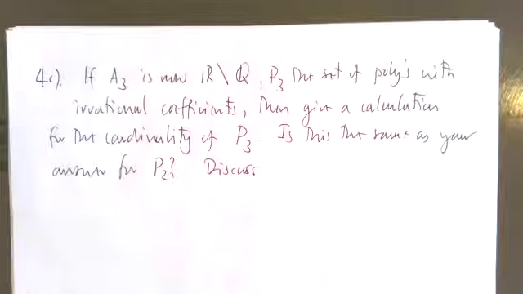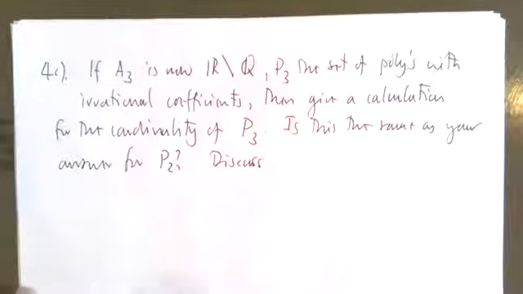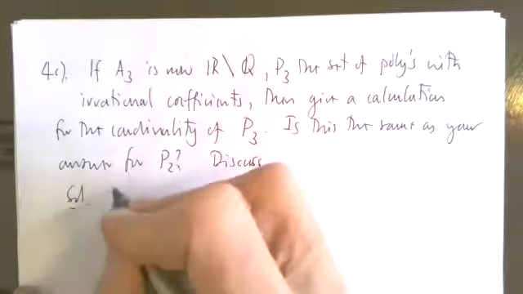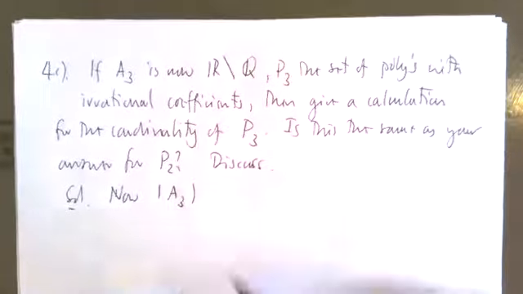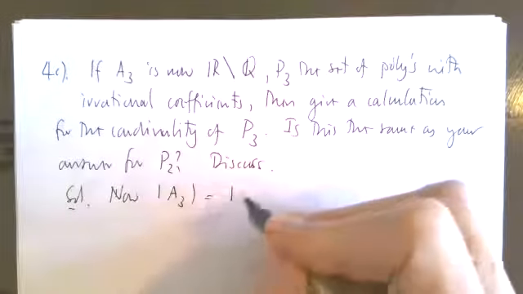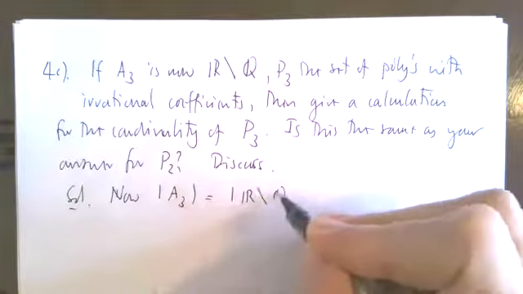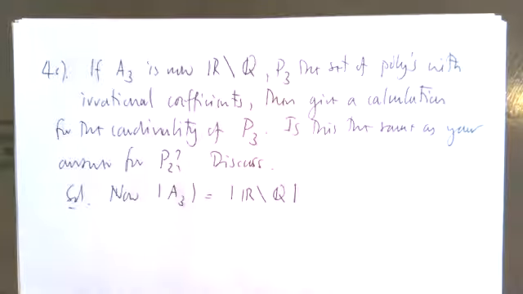Right? Okay, the point here is that the size of A3 is the size of the collection of reals minus the countable set of rationals.